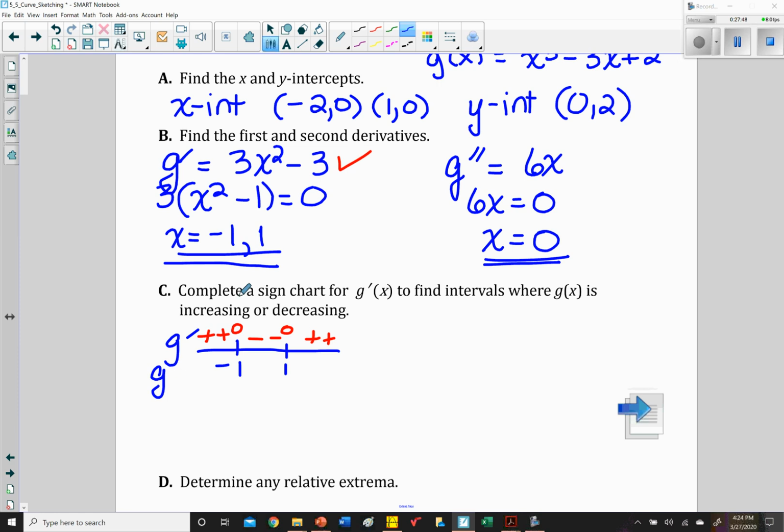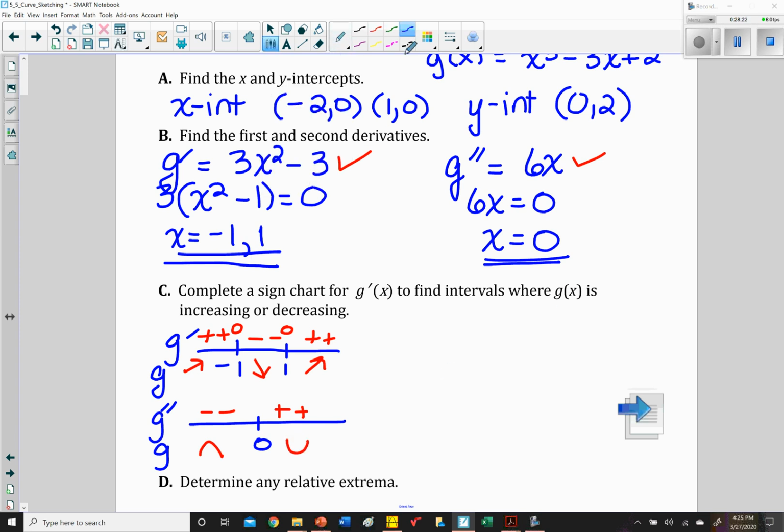That tells us our function increases, decreases, increases. Then doing the same thing for the second derivative with a critical number at 0, substituting values into our second derivative, we have negative and positive, which tells us the function behavior is concave down and then concave up.